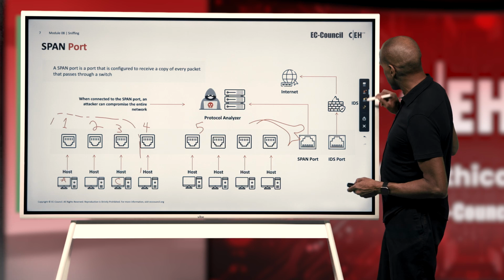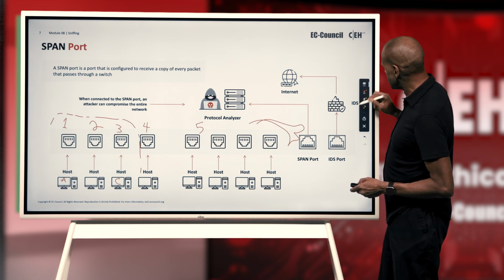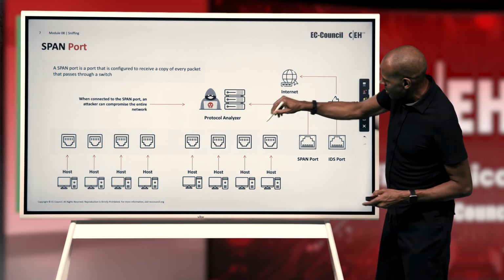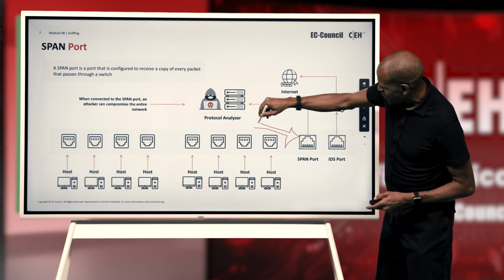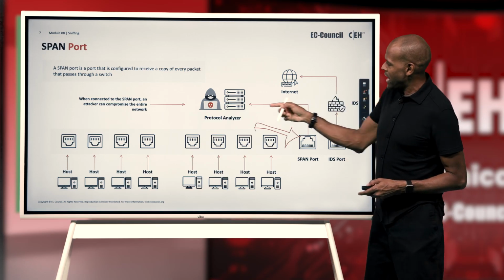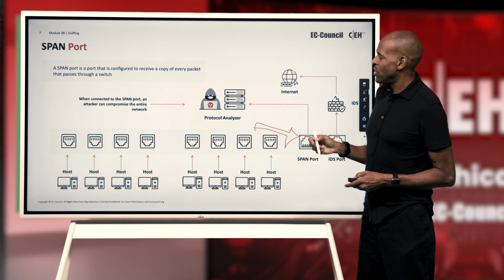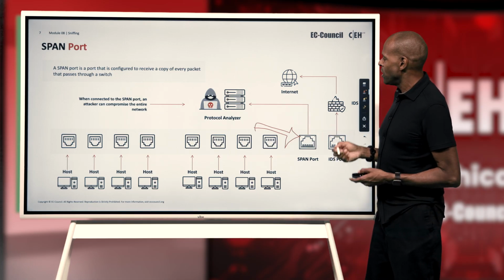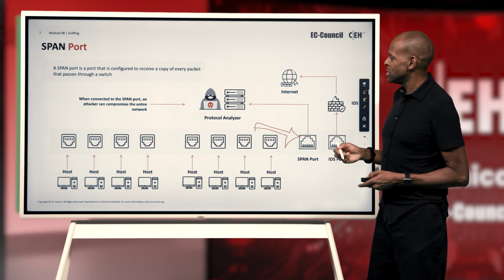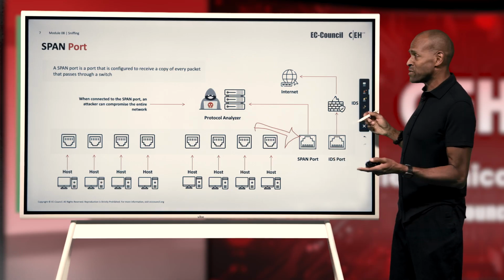And I can say copy all of that information to this span port. And so let me see if I can draw that better. So we copy that information to the span port. So it all goes over there. And then I can have my laptop, or I can have another device, and I can collect all the information from all of the ports on that span port. So that's what a span port is all about.